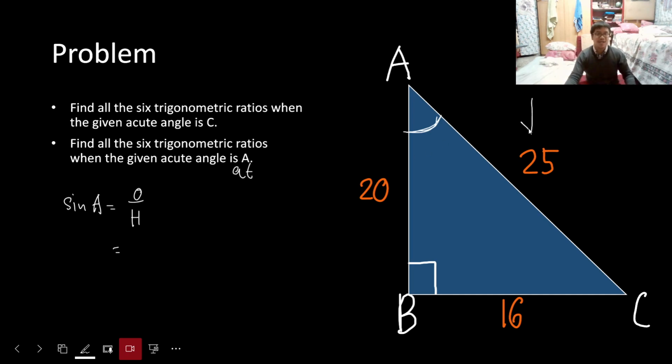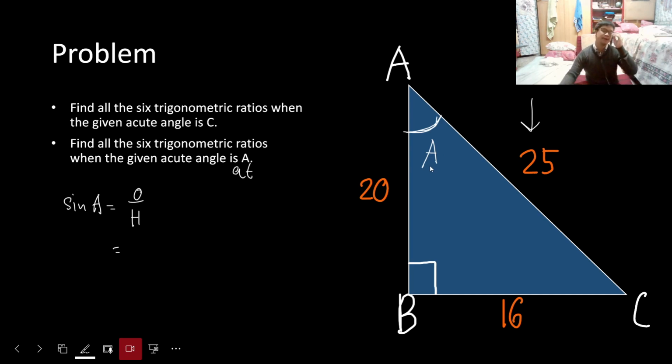Again, the hypotenuse is the longest side, so it's H. Your opposite is not beside the acute angle, and the adjacent is beside the acute angle. You see, the angle given is here at A. All right, let me just put A here.